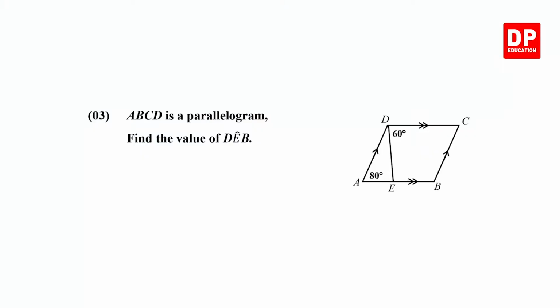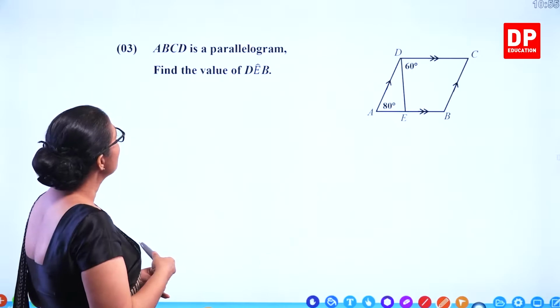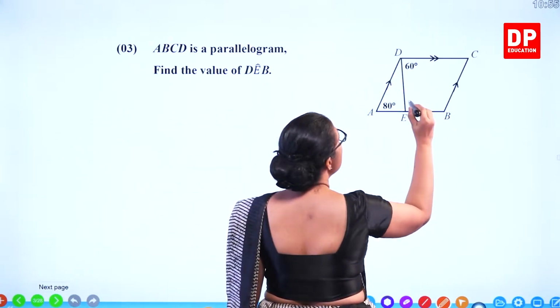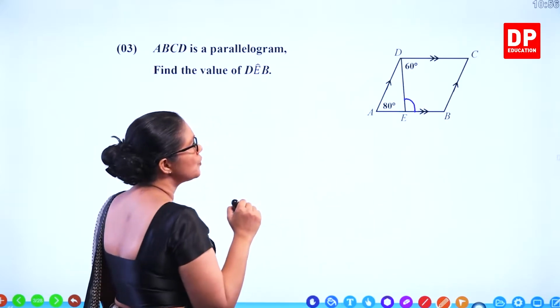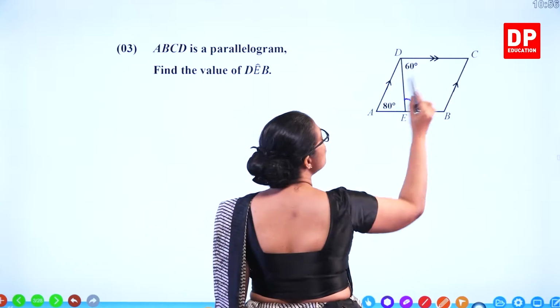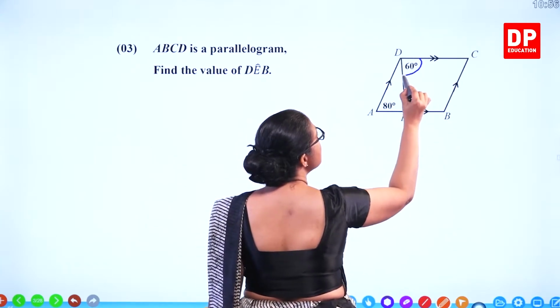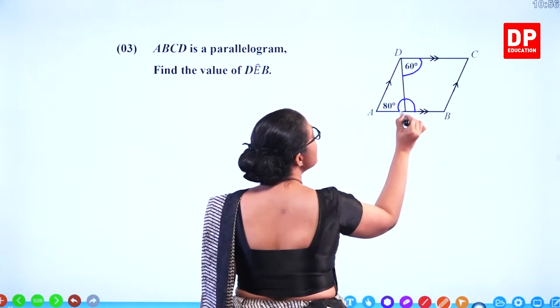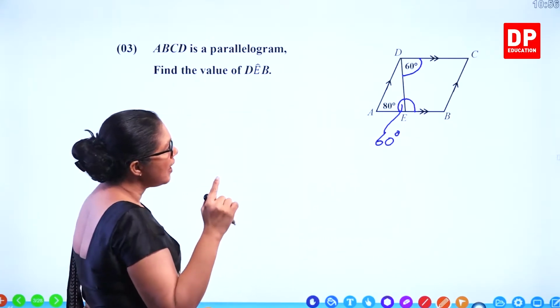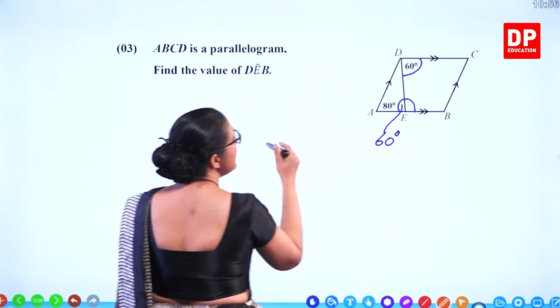Question number 3. ABCD is a parallelogram. Find the value of DEB. DEB is this angle. So how do we find that angle? These two lines are parallel. If this is 60, this is also 60. Alternate angles are equal. If this is 60, what is DEB?